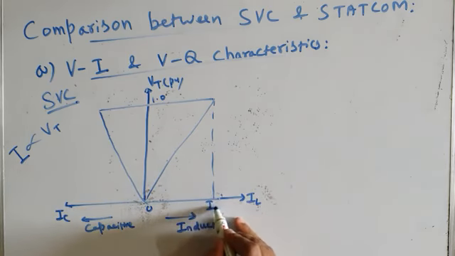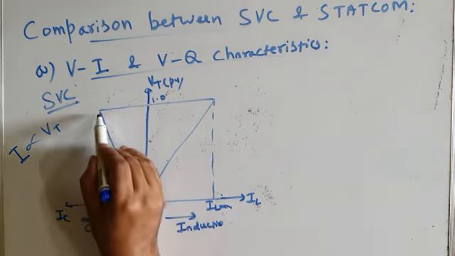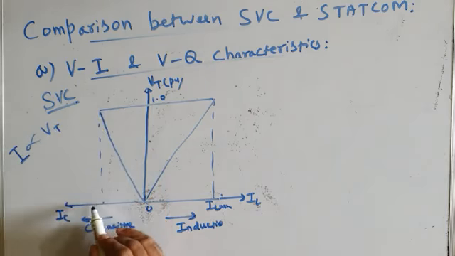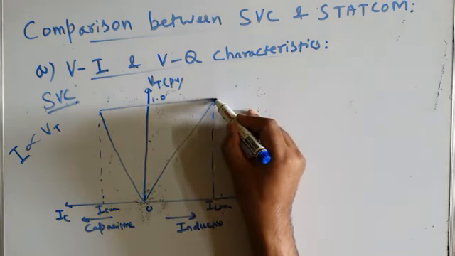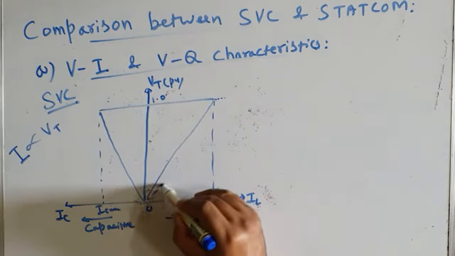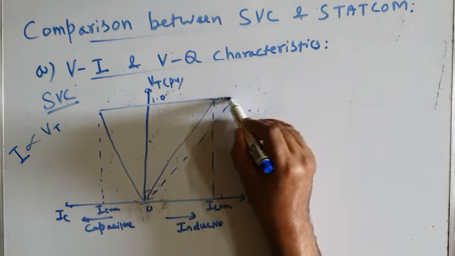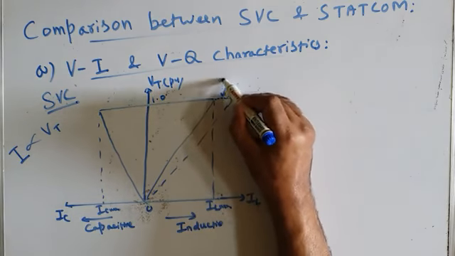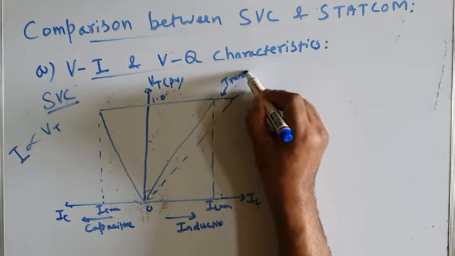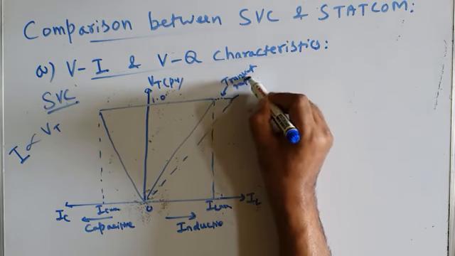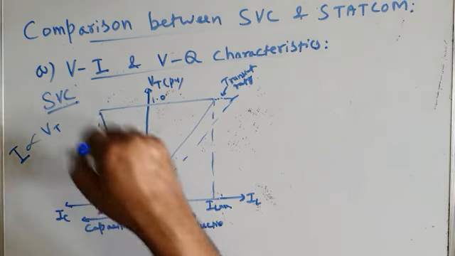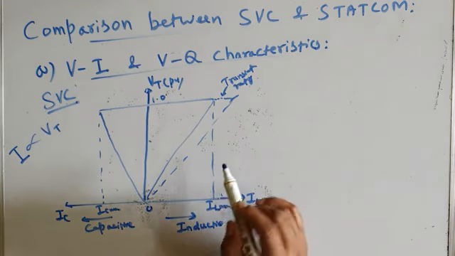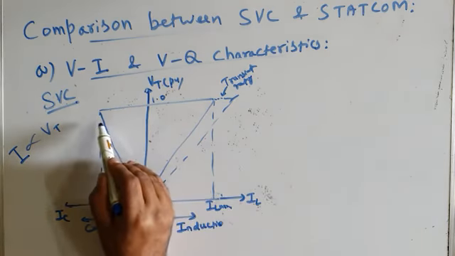This is IL max, and this is maximum capacitive current, IC max. The SVC has transient rating like this. This is transient rating. Similarly, in the capacitive region it may have some transient rating.